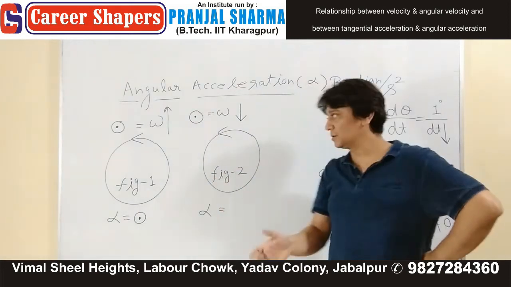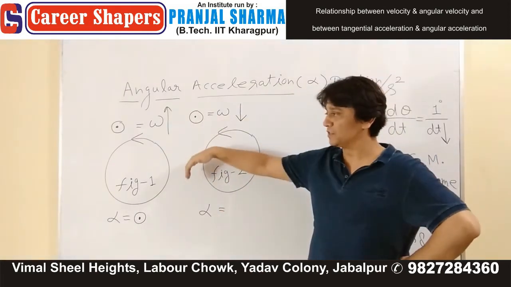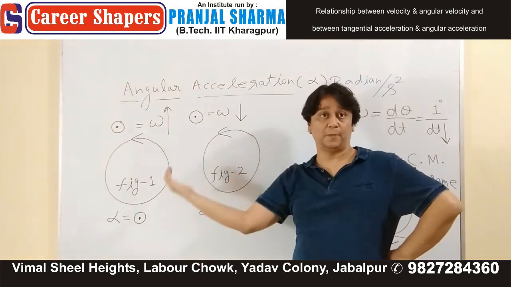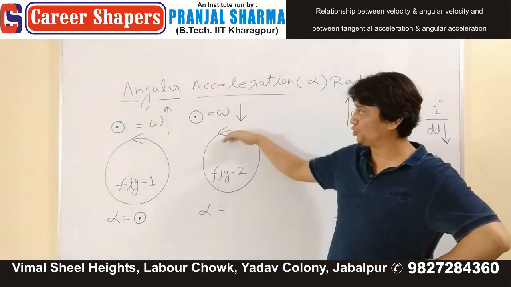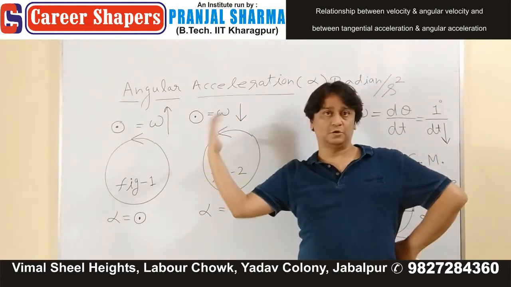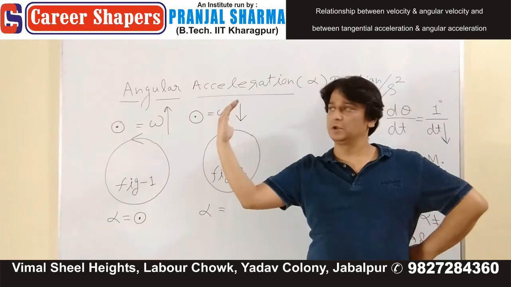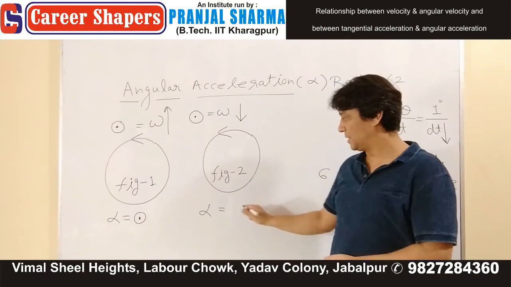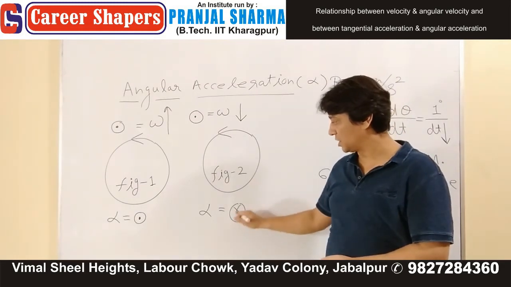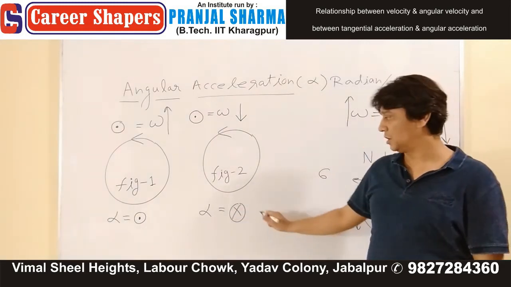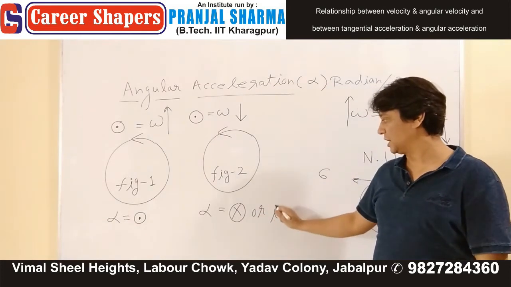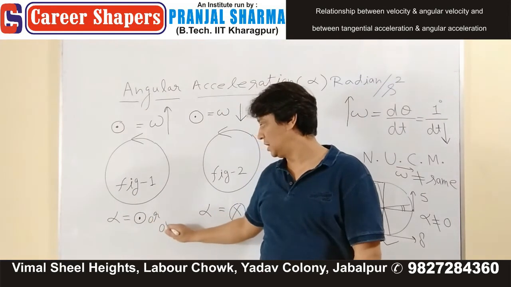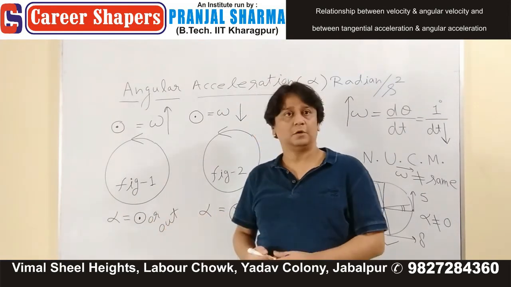But forget about torque, simple logic. Blades are rotating this way. You must apply a force in this direction. Oppose the motion this way. This is the opposing motion. Look at the thumb. It's pointing in. That means angular acceleration is what? Cross. Cross or in. Dot or out.